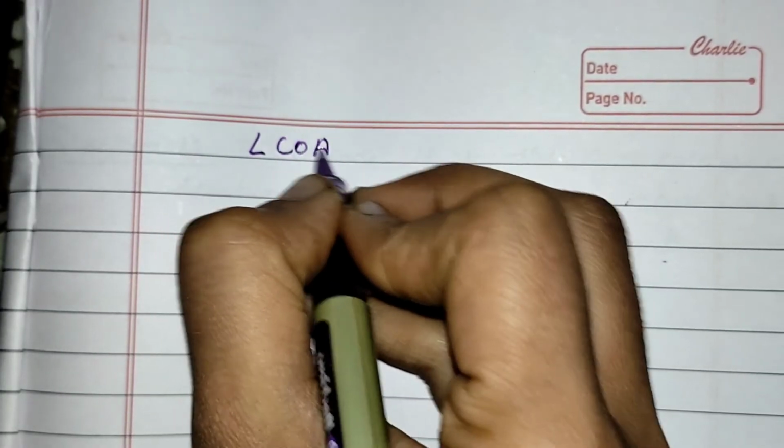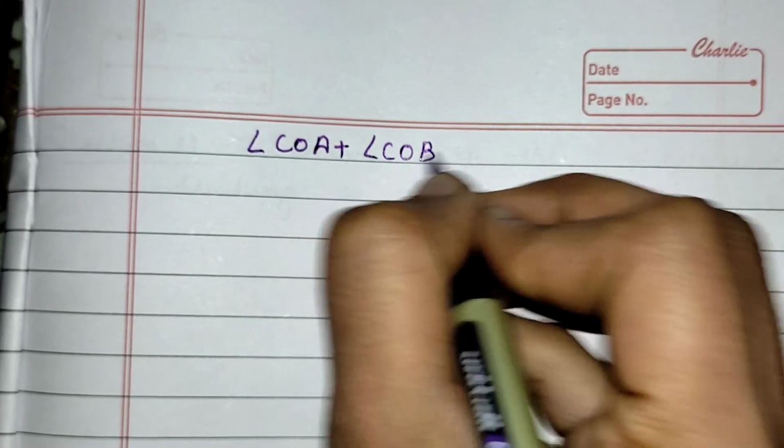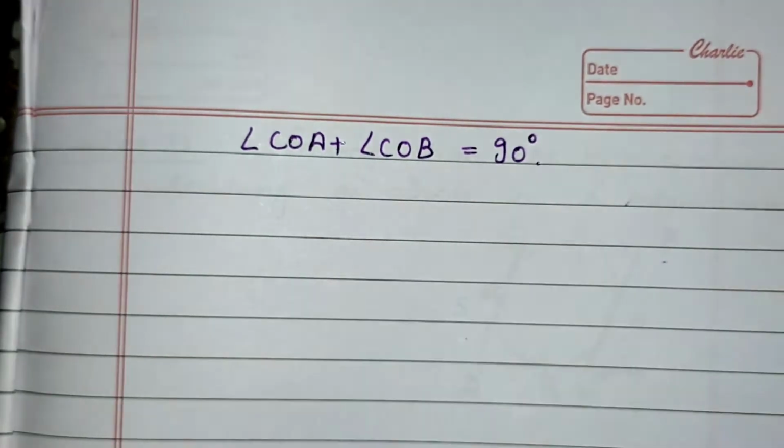Angle COA plus angle COB will be equal to 90 degree.